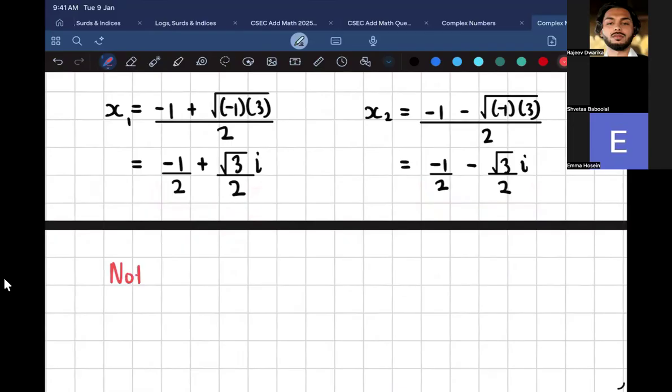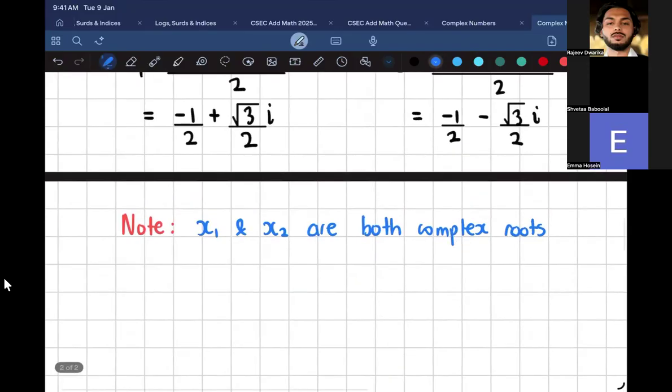Note: x1 and x2 are both complex roots. And if you pay attention to the sign in the middle, you'll see that the only difference is the sign is opposite. So we'd call it the conjugate. So x1 and x2 are both complex roots that are the conjugates of each other.